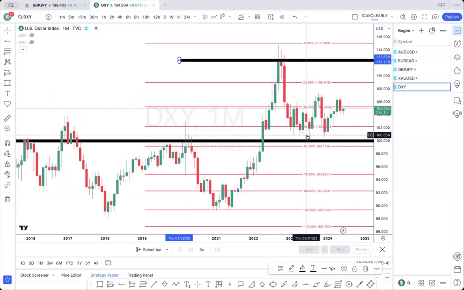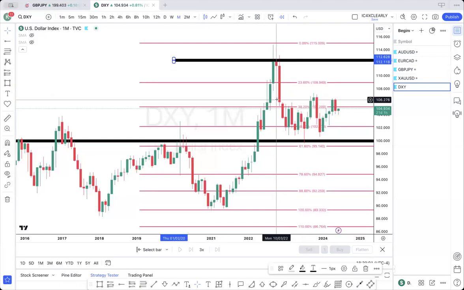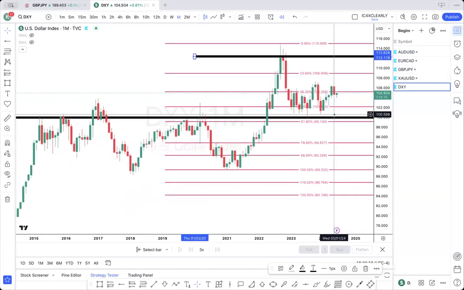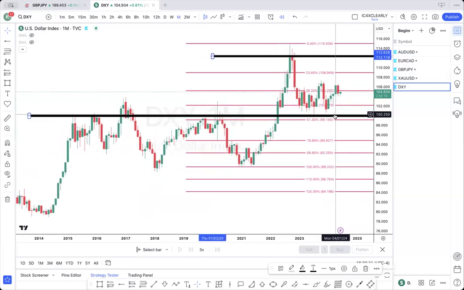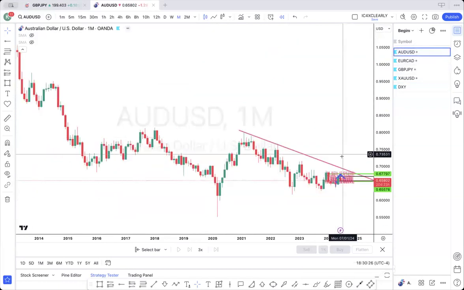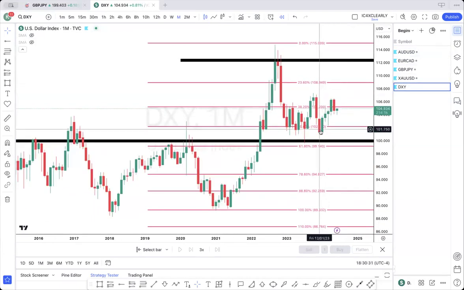So now it's kind of in a range. I would definitely wait, although it's looking somewhat bullish, but you're here at a monthly order block. So price could just tap into there and continue selling down. So anything that is against the dollar, which was AUD USD, it's been buying for several months.